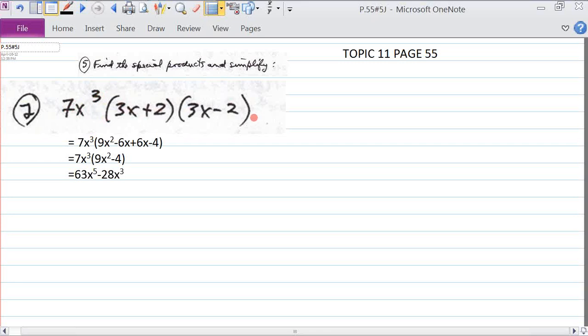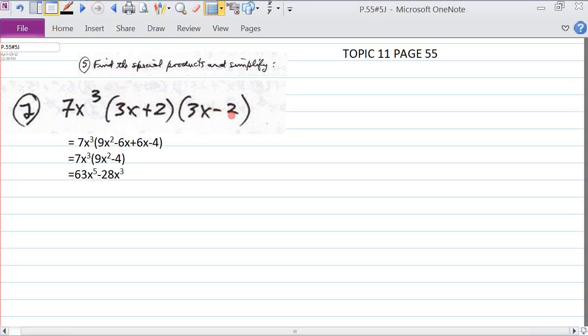So first of all, we're going to multiply these two together, and you'll see that the terms are the same, 3x and 3x, plus 2 and minus 2. So this is the product of the sum and the difference. And what happens here is if you use FOIL, you'll see the first times the first is 9x squared, 3x times 3x.